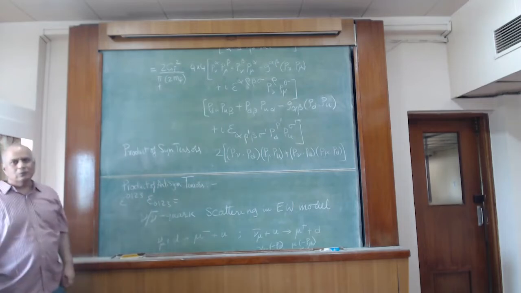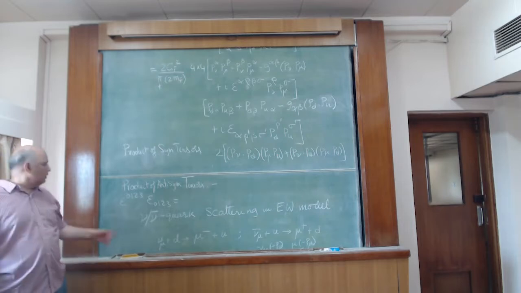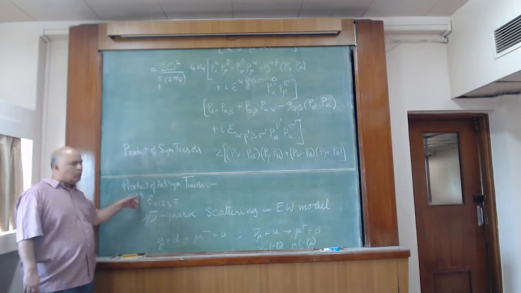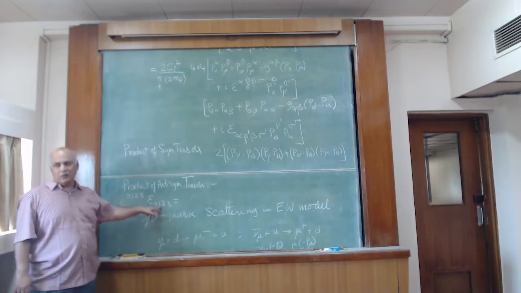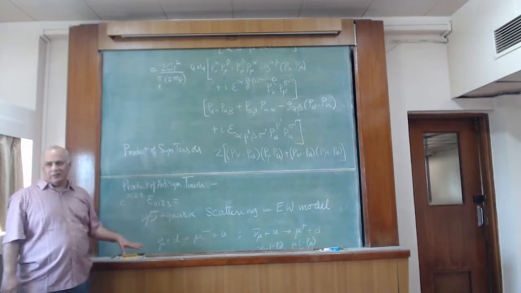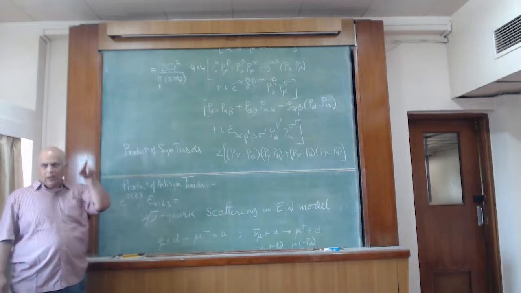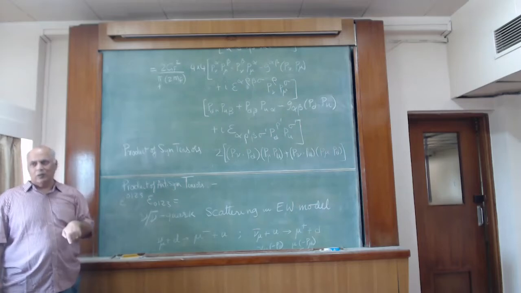What is this equal to? We have to use a convention. Suppose we say that epsilon with 0, 1, 2, 3 upstairs is 1, then this is minus 1, because from here I have to lower the indices. Lowering the 0 index, I use g00, that is 1.